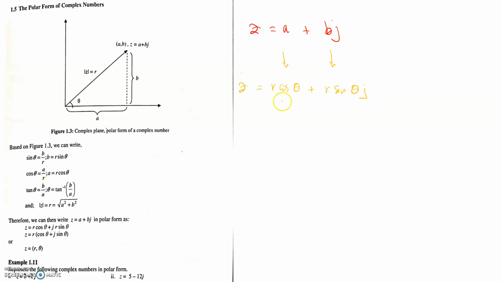Basically, this is the initial form when you convert it into polar form, which is a form that has the value of the modulus and argument inside it. But if you were to simplify it a little bit more, you can pull out the R, so it becomes Z equals R, cos theta plus j sin theta.